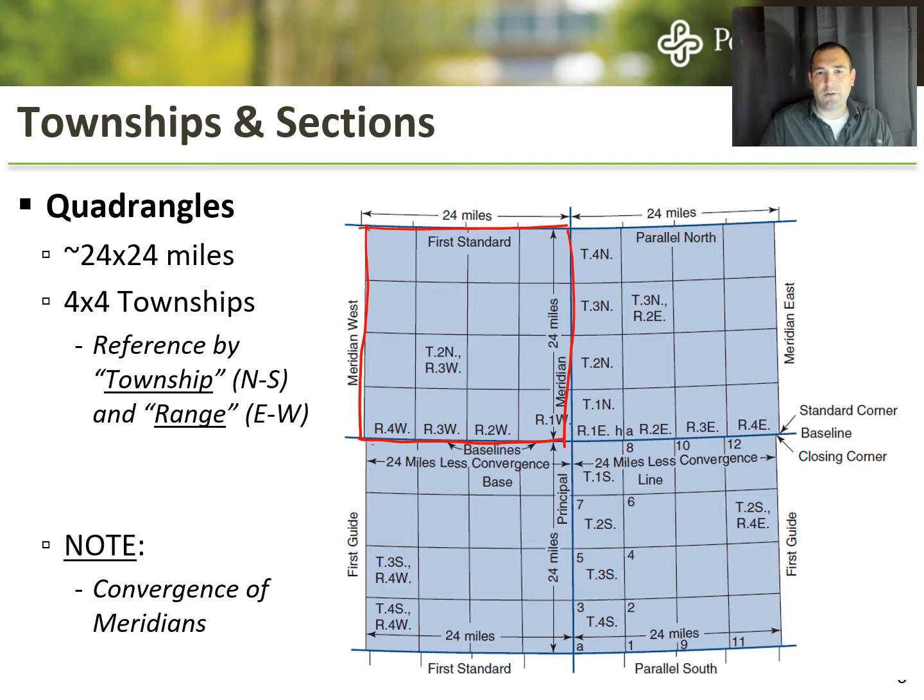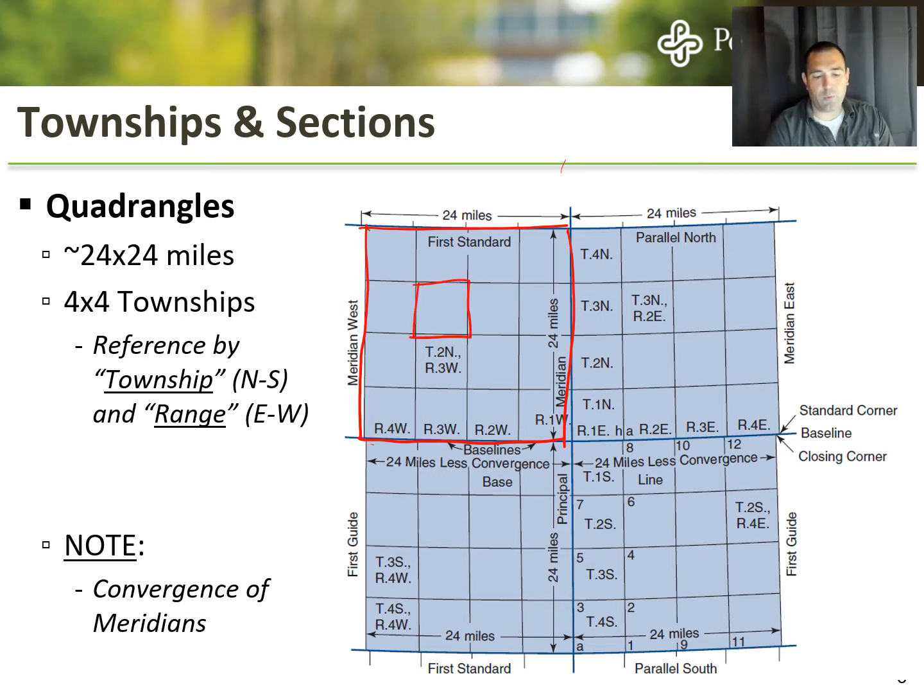There's a quadrangle approximately 24 miles by 24 miles. It is referenced to a principal meridian that's going straight down through the center of this. And then each quadrangle is divided into 16 different townships, and this would be an example of a township right here.